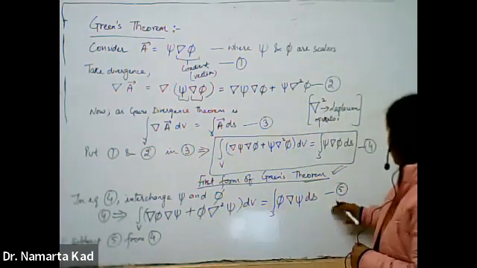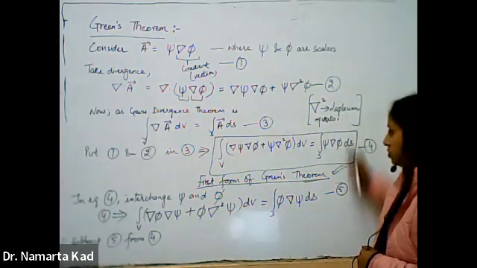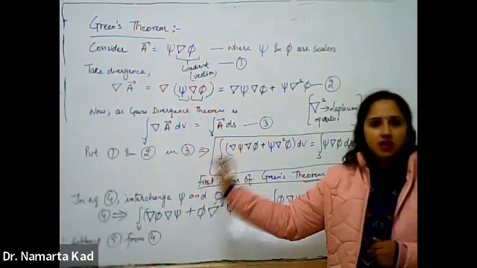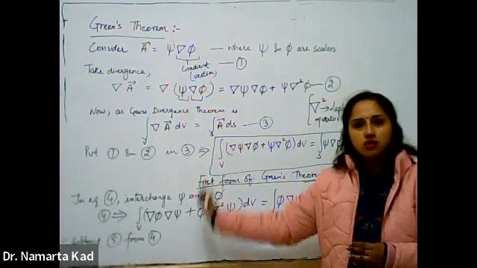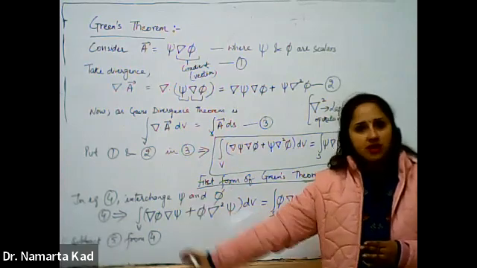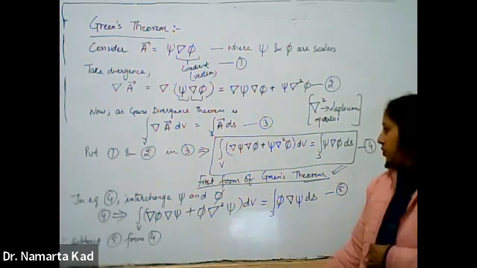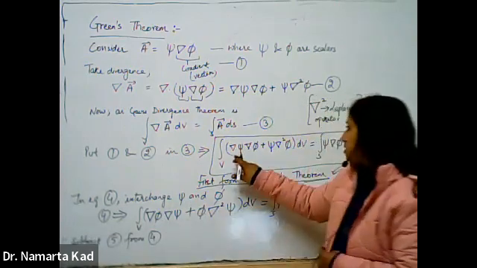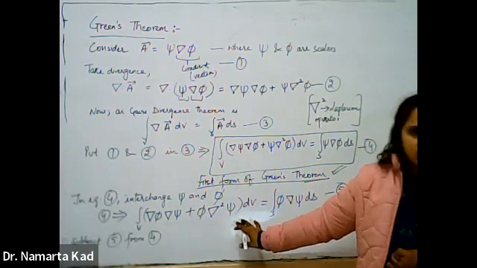When you subtract them, don't mix the left-hand sides and right-hand sides. Just put the left side statement on the left and the right on the right. The term del phi del psi is the same as del psi del phi, so they cancel each other.